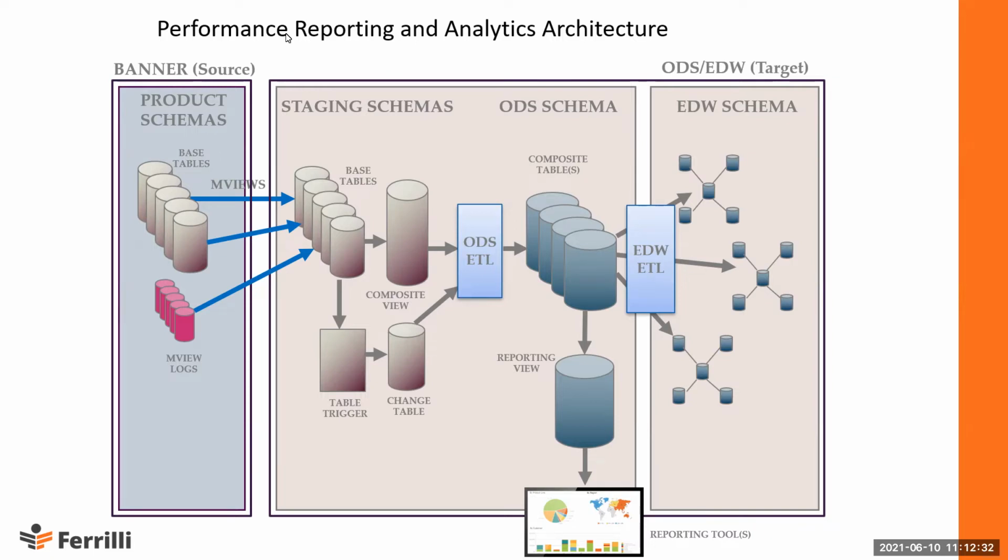And how refresh works is it goes out to your materialized view logs in Banner or DegreeWorks. Those logs contain minimalistic records that tell you exactly what record changed and what changed in that record. So that refresh process grabs those and applies those changes to those base tables, the materialized views, in your ODS database.